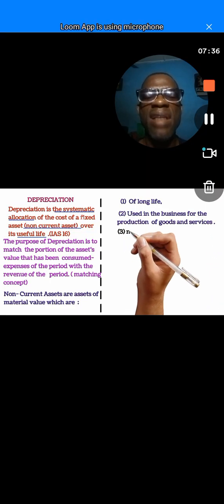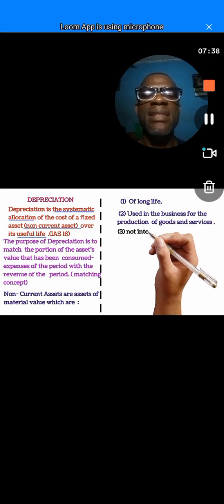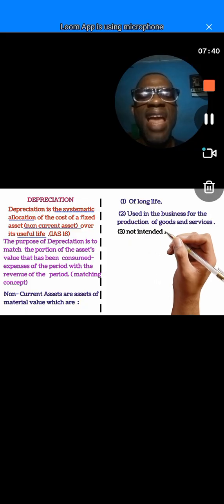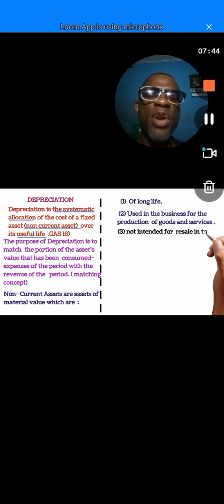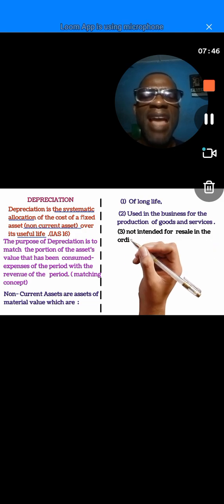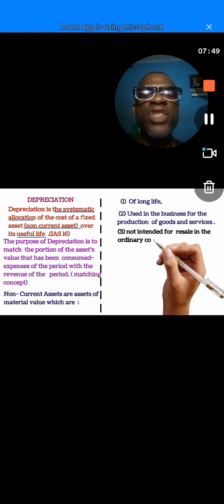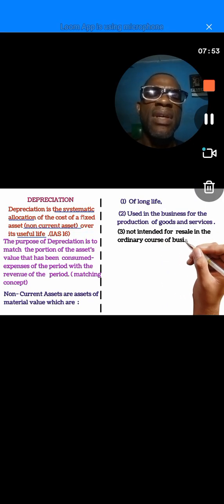And the third character of a non-current asset is they are not intended for resale in the ordinary course of the business. That means they are not meant to be sold. They are not stocks of the business. They are different from stocks.